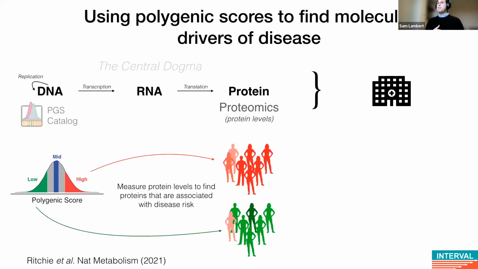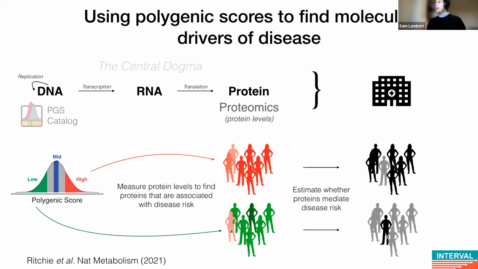Then we can find the proteins that might be associated with disease risk by looking at proteins that are highest in people with high disease risk compared to lower disease risk, and then look in their health records to see whether these proteins are actually mediating or causing this disease in the future, basically estimating the mediation. And we've been able to do this.